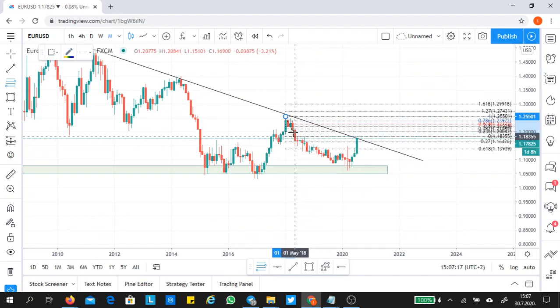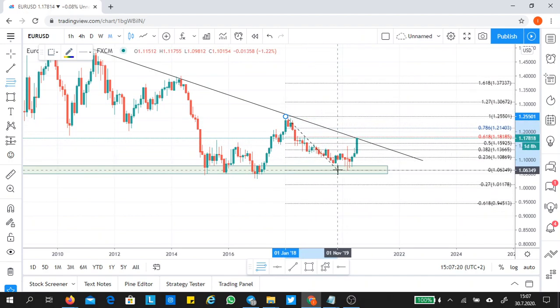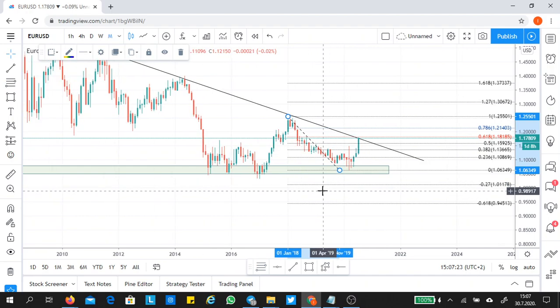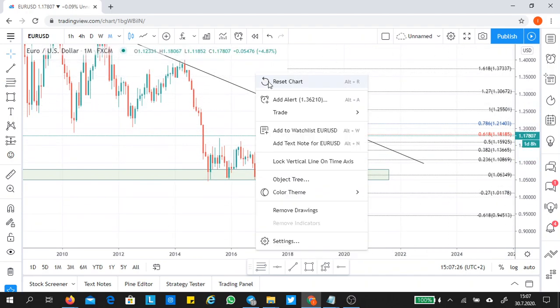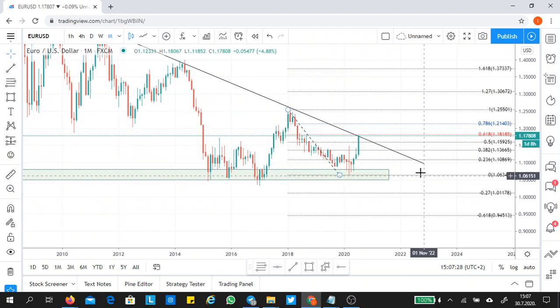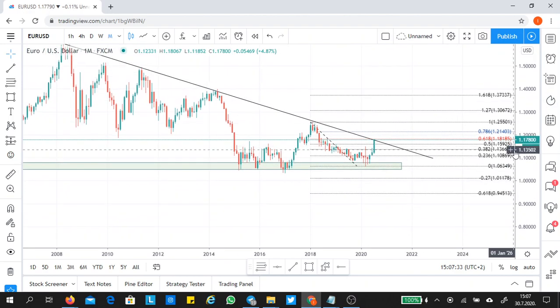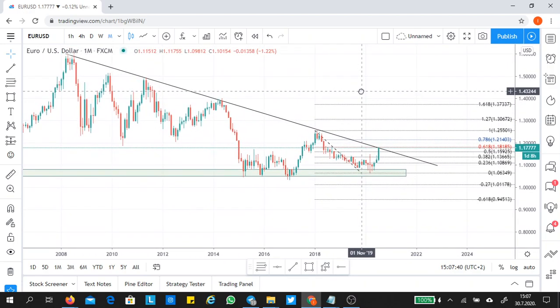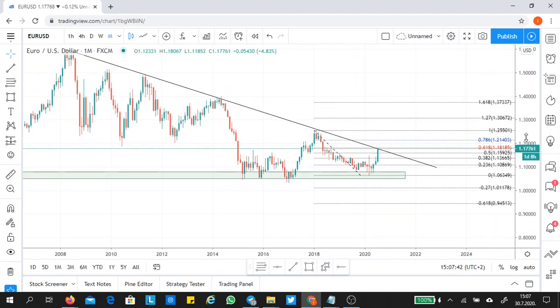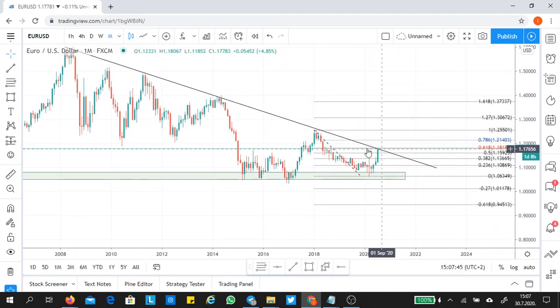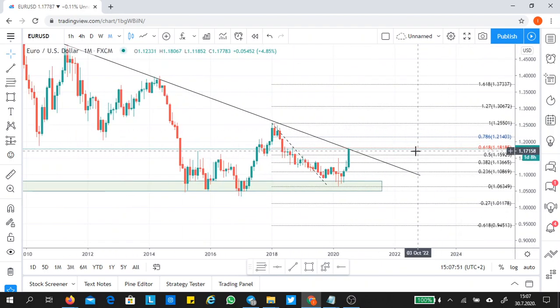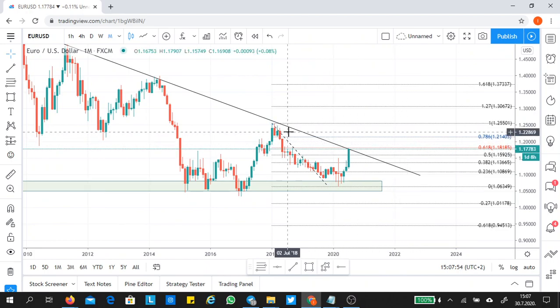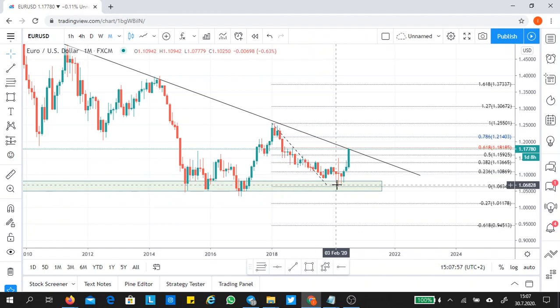The next thing we can do here is to draw a Fibonacci level from this high to this low and see that now we have here a situation where the price is currently sitting on a very long trend line, which was respected numerous times, and also sitting on the 61.80 retracement level of the last down move.